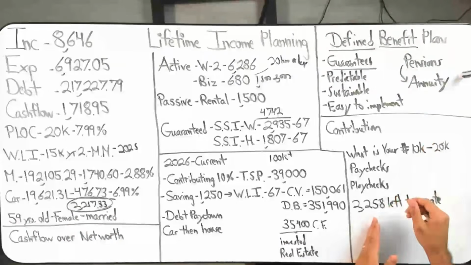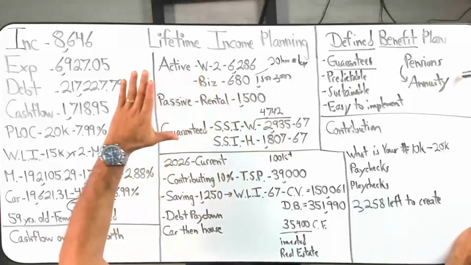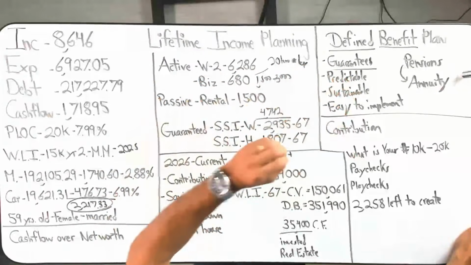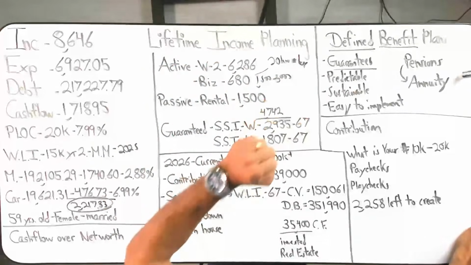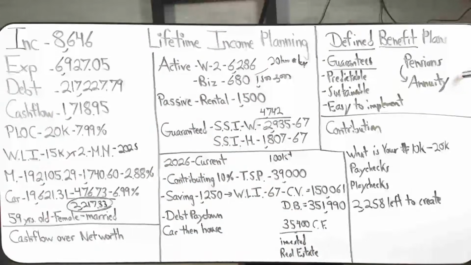And let's say that was your goal too. Let's say everyone's goal in this room is to make 10,000 a month. And based off of our projections, we have the 1,500 in passive income real estate. We have 1,500 a month projected of active income, only working 20 hours a week.